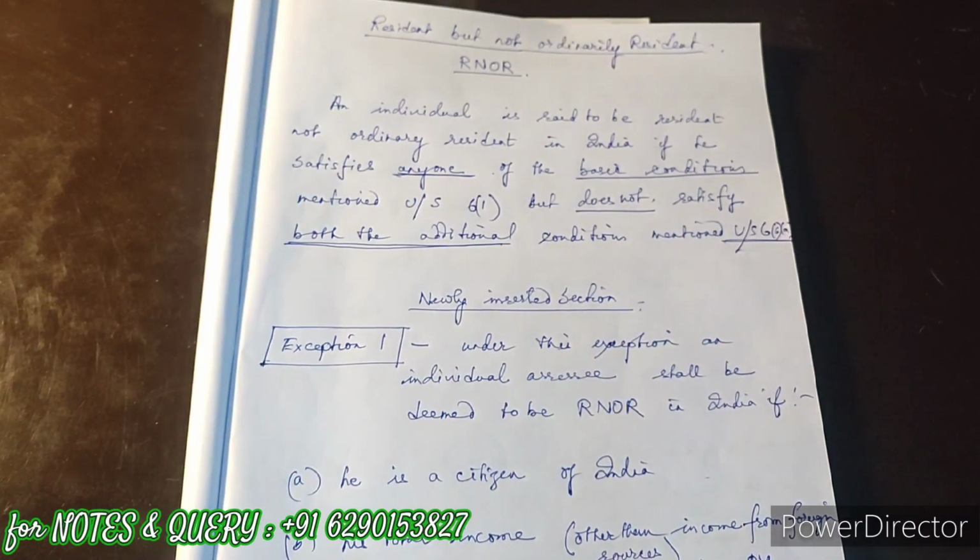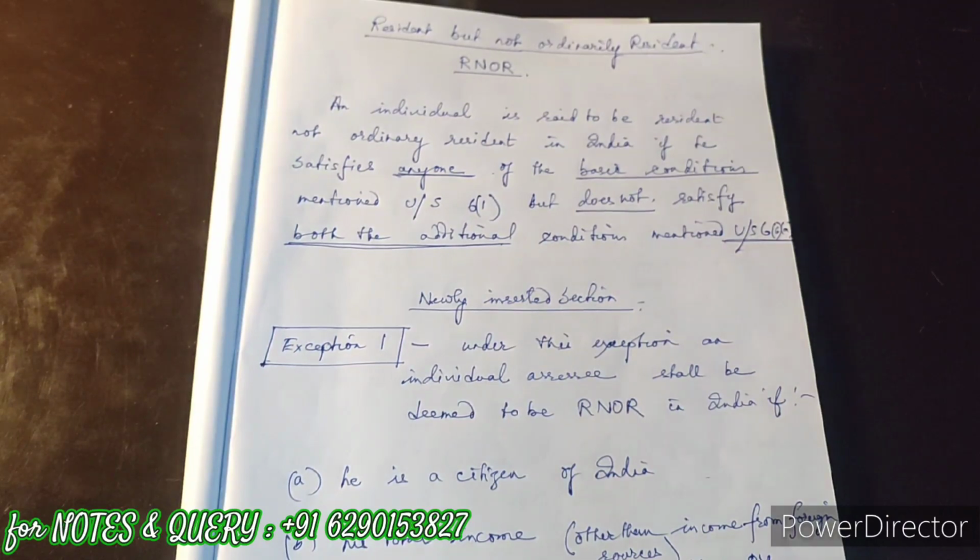Now, I hope it is clear, if you want to assess whether an assessee is an ROR, then you need to judge whether he is satisfying any one condition of section 6(1) and both the conditions of section 6(6). Then only you will be able to call that assessee a resident and ordinary resident.